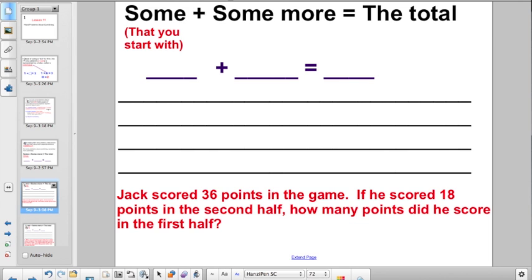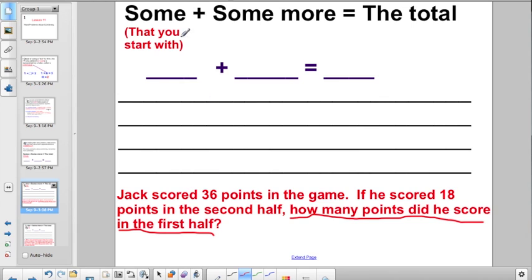Here is our problem: Jack scored 36 points in the game. If he scored 18 points in the second half, here's the question, how many points did he score in the first half? That's what we're trying to find out.